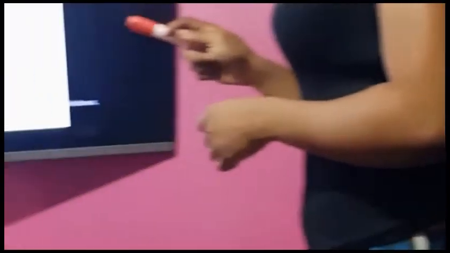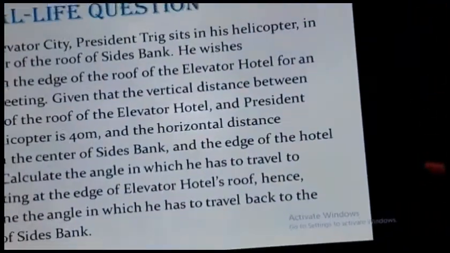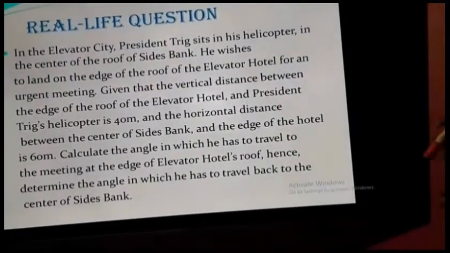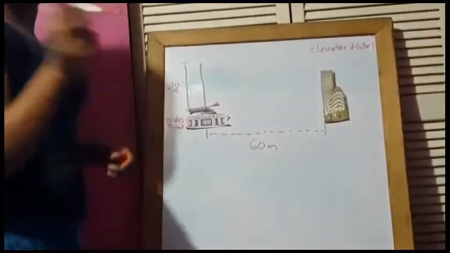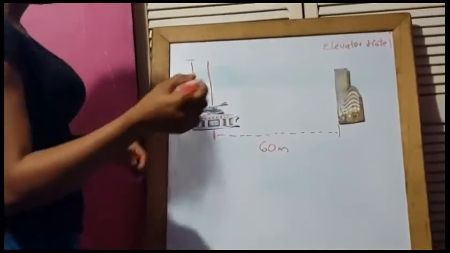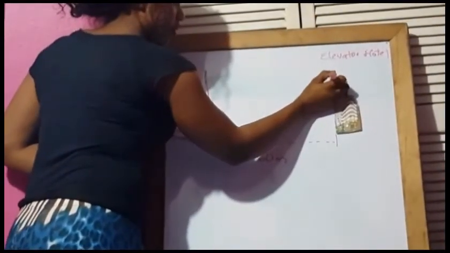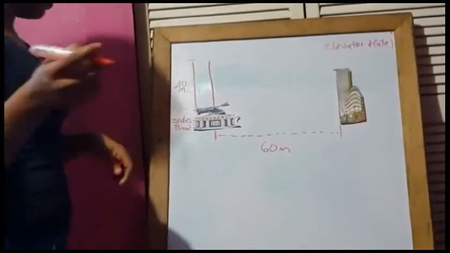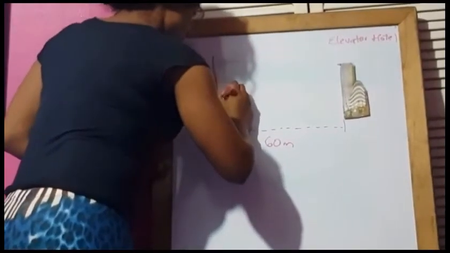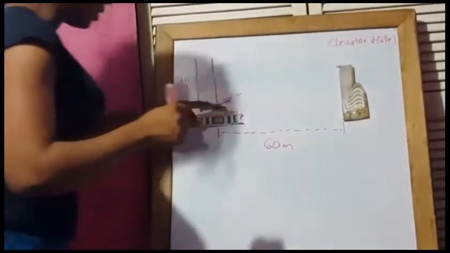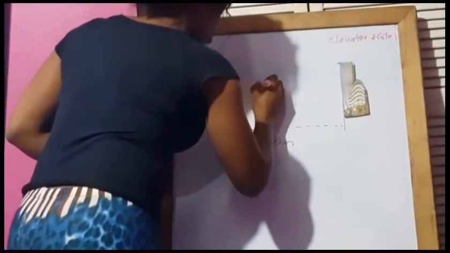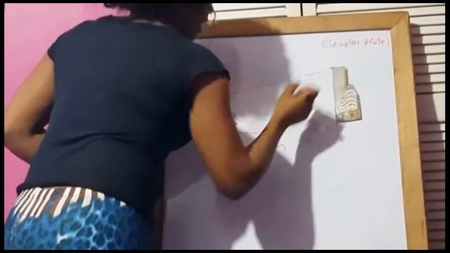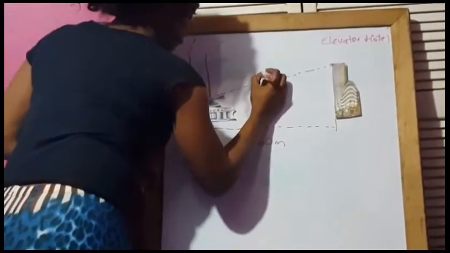Calculate the angle in which he has to travel to the meeting at the edge of the elevator hotel's roof. You guys following, Group C? Alright, so he wants to reach here for a meeting. So you have the line of sight from President Trigg to the edge of the roof. This is the line of sight.